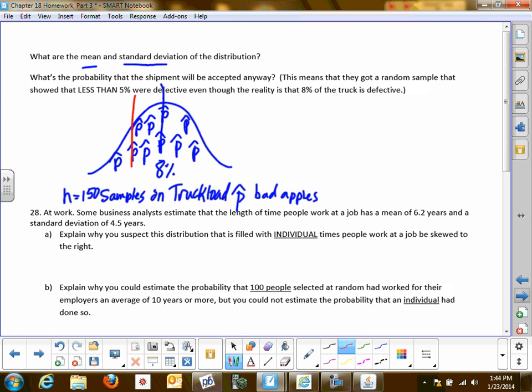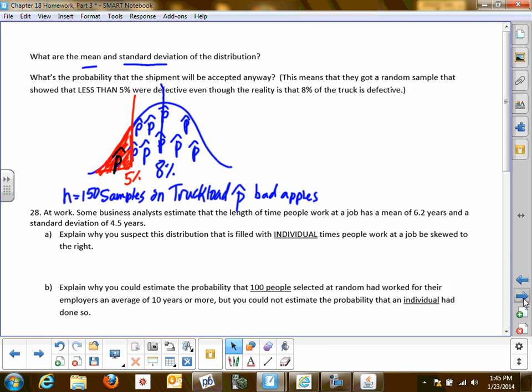There's the 5% mark. The guy that goes on top of the apples and gets the bucket loads is hoping for a sample down here in this region. And so your job is to figure out the probability that the random sample is one that is at 5% or less.